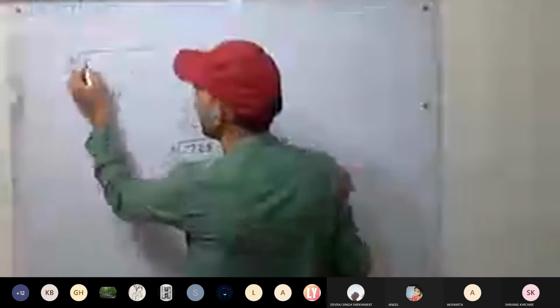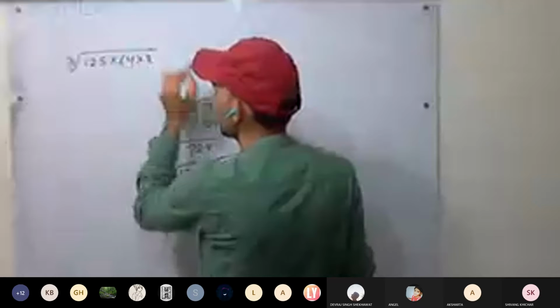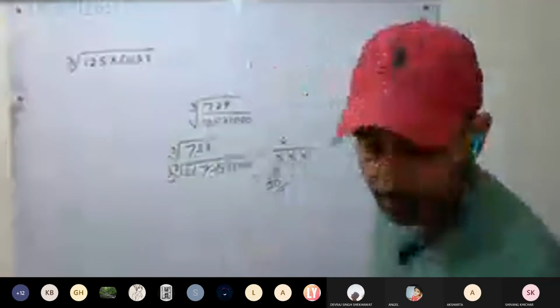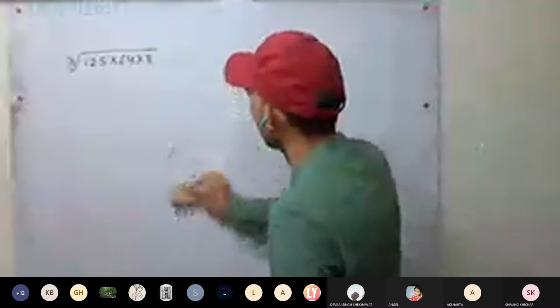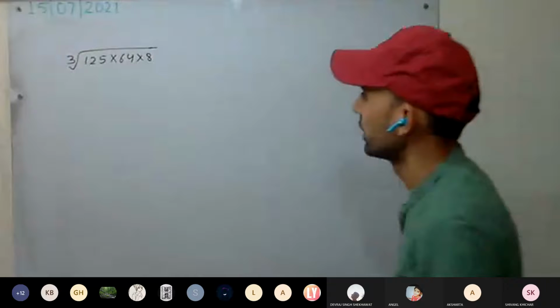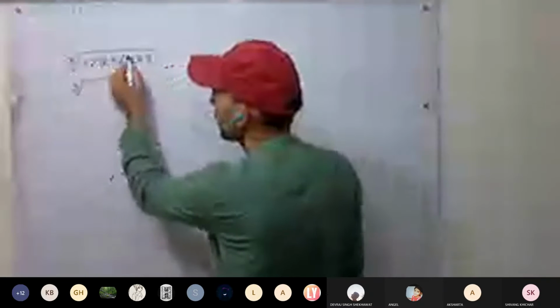Cube root of 125 into 64 into 8. So what will be the answer? You can do it like this. This is a perfect cube, it is also a perfect cube, it is also a perfect cube.